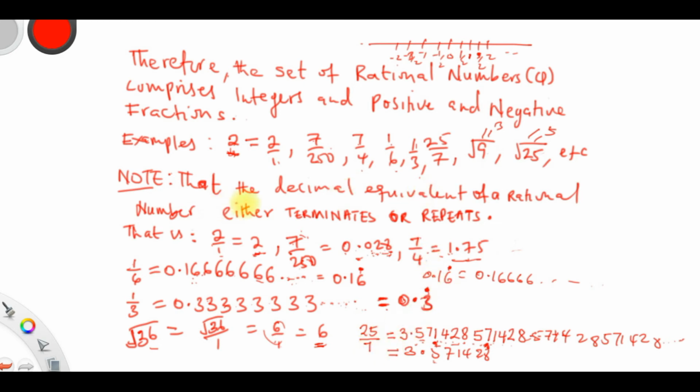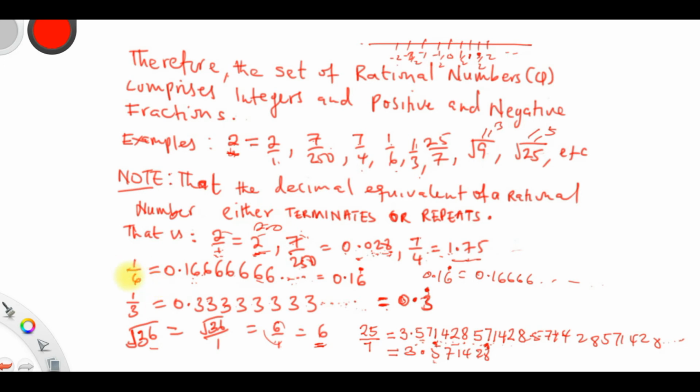So we are saying that the decimal equivalent of a rational number either terminates or repeats. All these are examples of rational numbers. If you find the decimal equivalent of a rational number, it will either terminate or repeat. This one is an integer or whole number, so it is not really a decimal, though if you want to write it as a decimal it is 2.0, which is the same as 2.